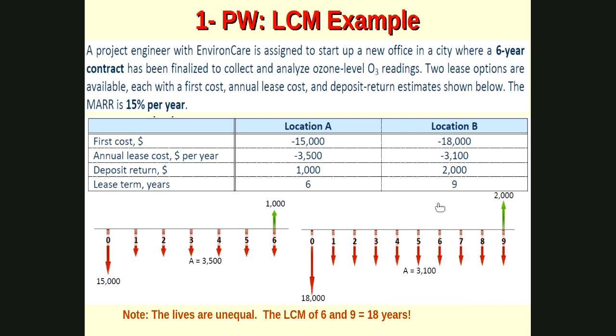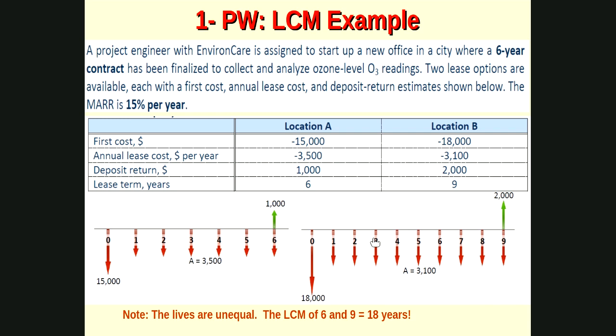And it is correct, it is 18, because 18 divided by 6 and by 9, and it is the least between them. Note that the interest rate used in this problem is 15 as given in the question.